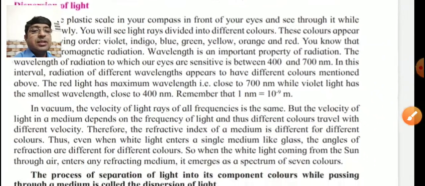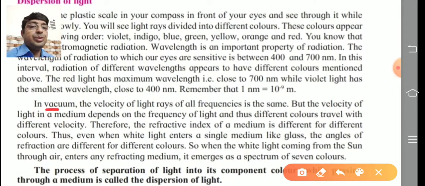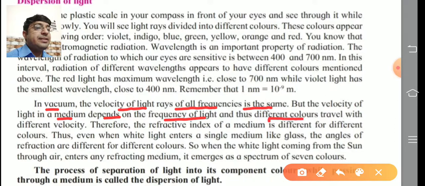Next point. So in vacuum, the velocity of light rays of all frequencies is the same. Where? In vacuum only. But the velocity of light in a medium depends on the frequency of light, and thus different colors travel with a different velocity. Which medium is present on the earth? Mostly air medium. Then the next transparent medium is water medium, glass medium, and so on. Some transparent media are given in the table in the previous point.